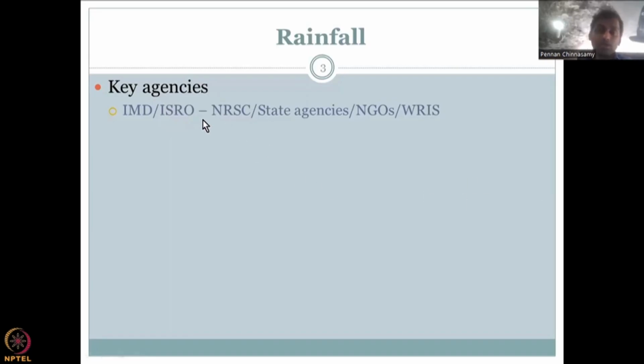NRSC stands for National Remote Sensing Center. This is a national level agency under ISRO. Then you also have RRSC, which is the Regional Remote Sensing Center. Then you have the SRSC, which is your State Remote Sensing Center, and SAC, which is your Space Application Center.